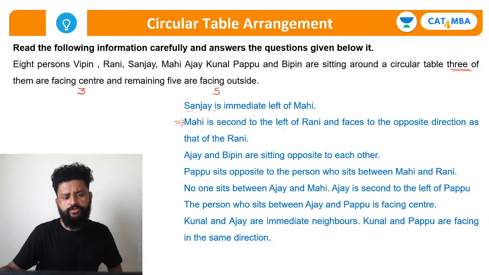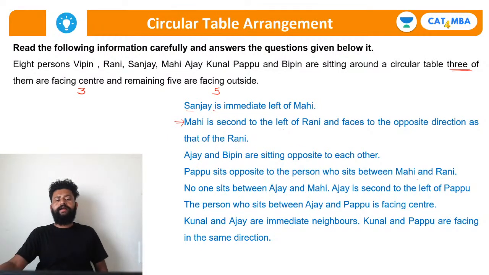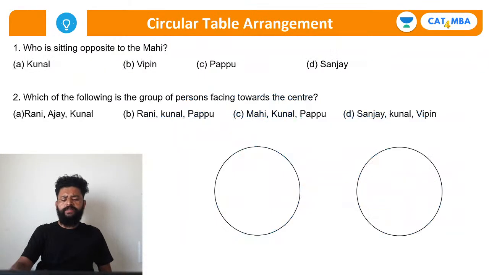Okay, so I should start with this one, I guess. Mahi is second to the left of Rani, so there could be two possibilities for that. I have two circles drawn here. These 8 persons are sitting equidistant.